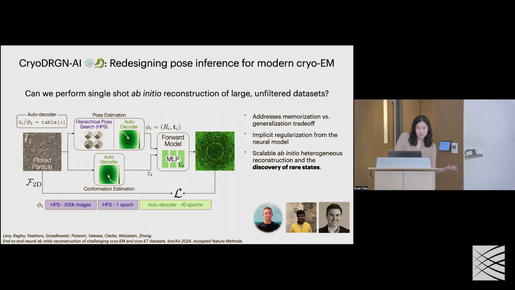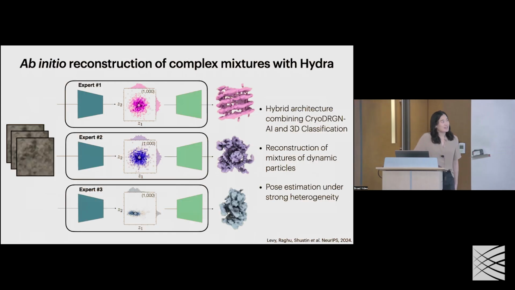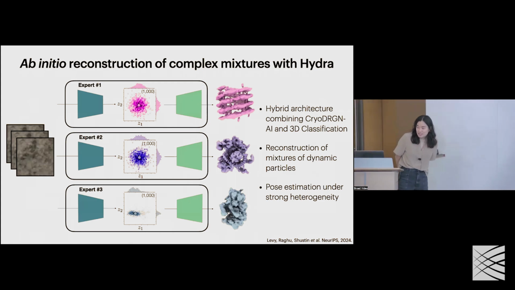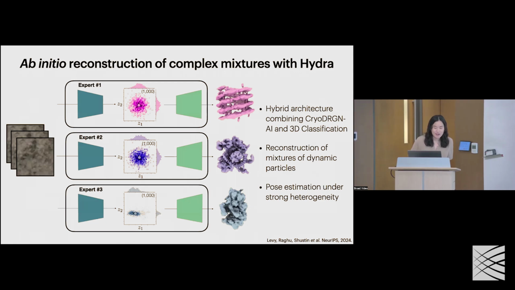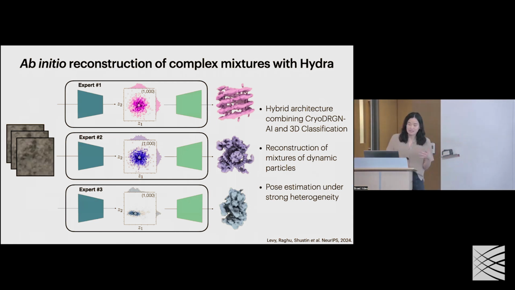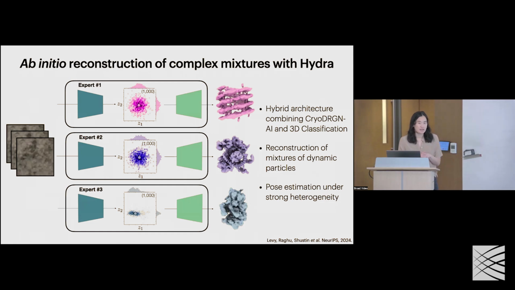Brian. There are a couple of directions that we've been extending our cryoDRGN AI method. Just really quickly, one is modeling complex mixtures using a mixture of neural fields. We call this model Hydra. One direction we're pushing is, instead of a single neural field, what is the bottleneck if we really want to reconstruct a complex mixture or complex sample?